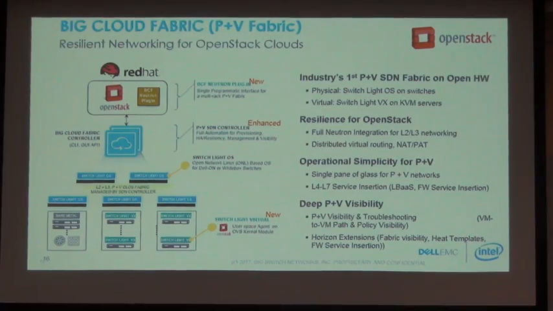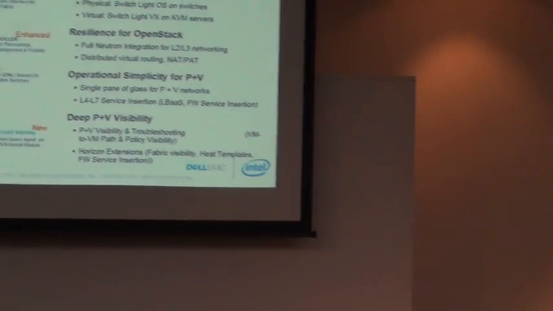So you see, the beauty is you don't have to manage, orchestrate and plan on all your devices throughout the network, throughout the fabric. You've got one place of control. There is one controller you need to get to, which is the Big Cloud Fabric controller. That Neutron plugin gives you a single programmatic interface.